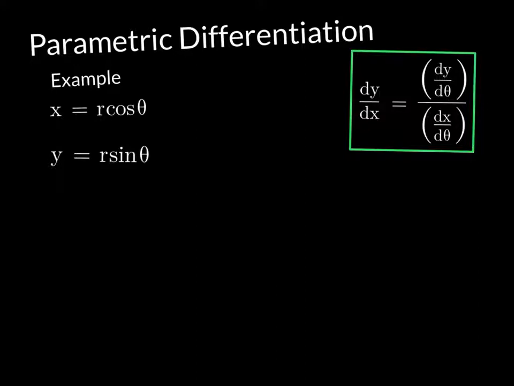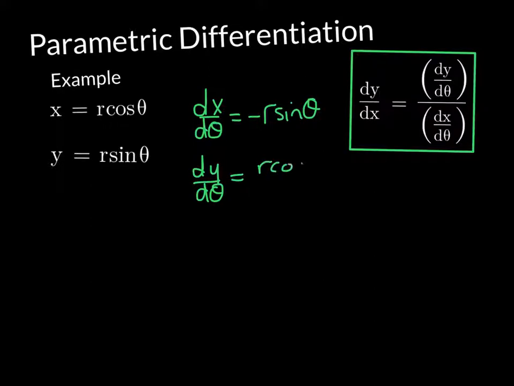So dx by d theta, differentiating x with respect to theta, gives us minus r sine theta. Hopefully you remember that the differential of cos is negative sine. And then the differential of y with respect to theta is equal to r cos theta. Again, hopefully you remember that the differential of sine theta is just cos theta.